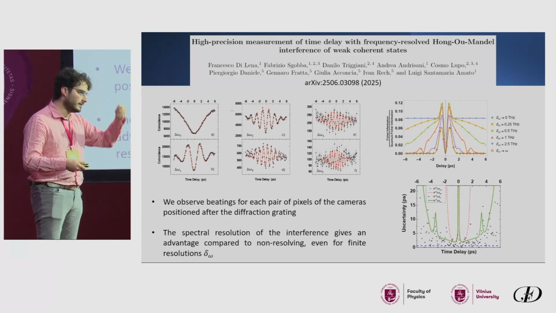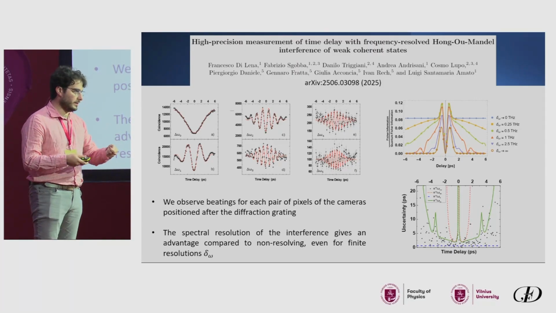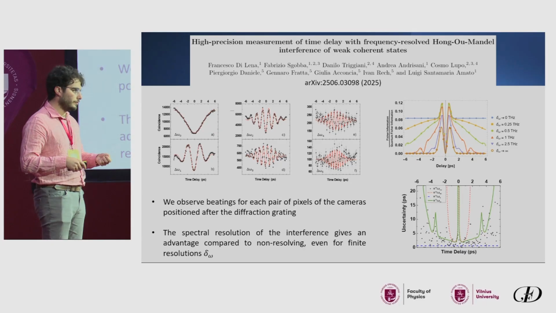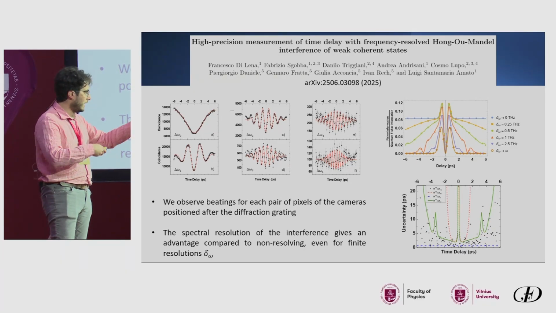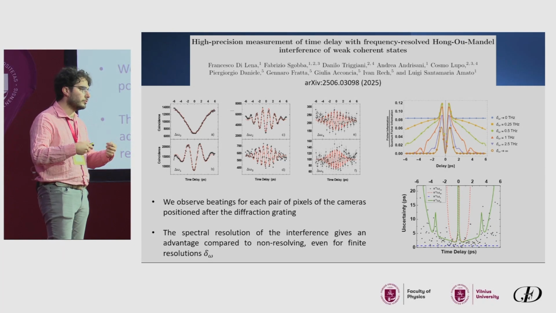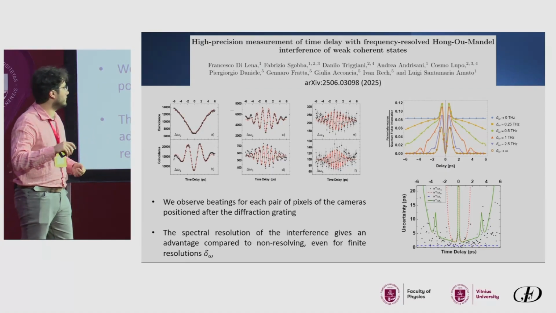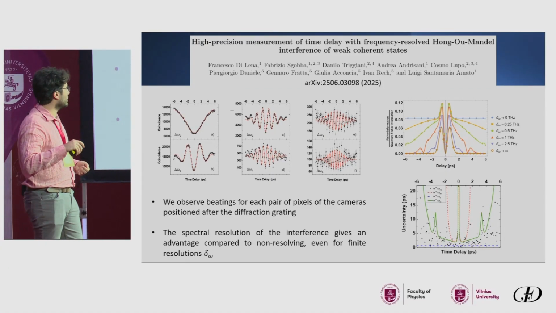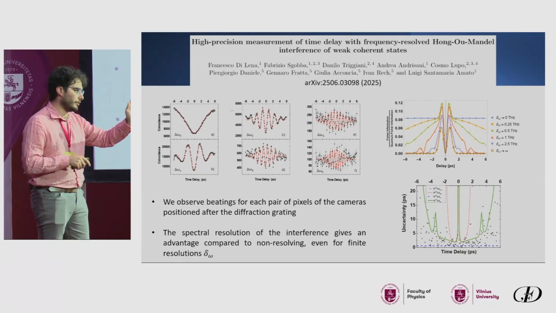So you want to estimate that delay. You don't need to scan anything. You have one value of the delay, and only from that statistic, measuring coincidence and bunching rate and resolving the frequency, you are able to estimate the value of the delay. Here we're performing a scanning just to show that we can reconstruct this theoretical predicted behavior of the coincidence counts. But again, in an experiment, you would not collect this data. You would only be at one point.